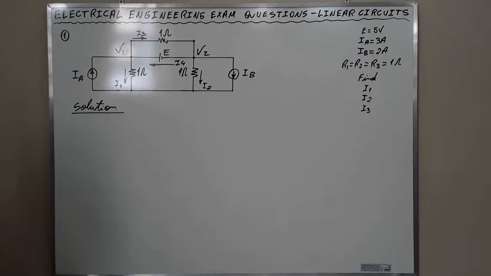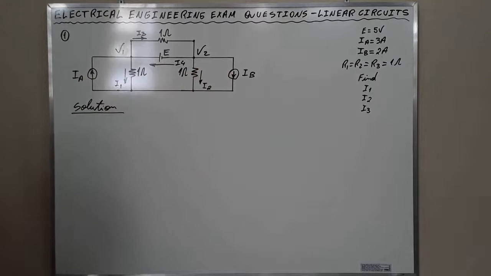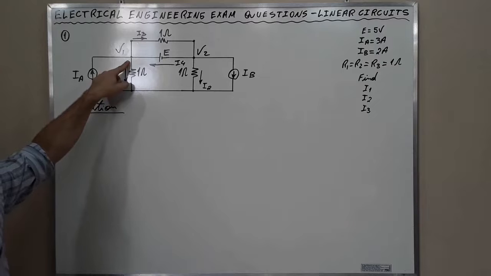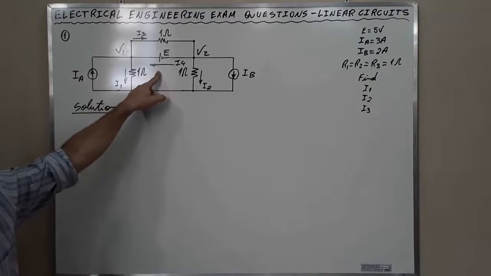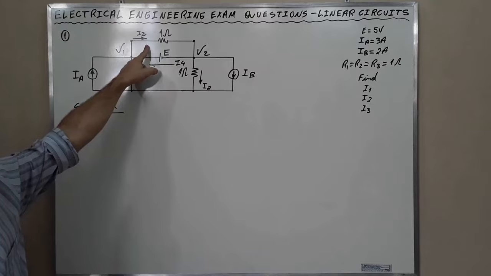And to calculate what's being asked, we are going to apply the nodal rule at nodes V1 and V2. What does it mean? The currents that enter node V1, IA and I4, have to be equal to the currents that leave the node, I1 and I3.